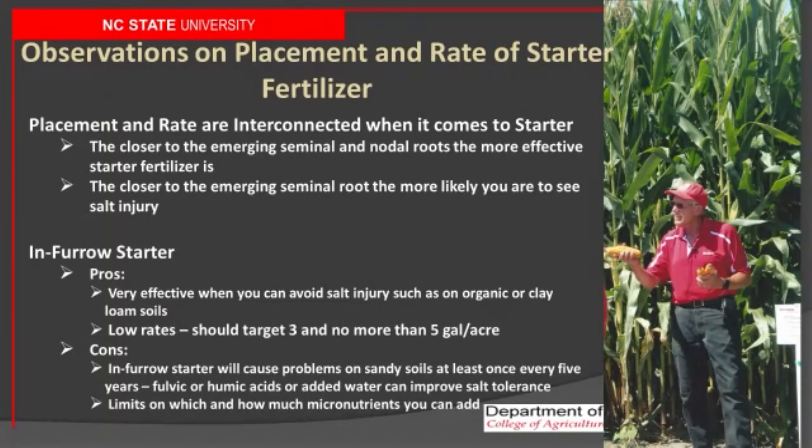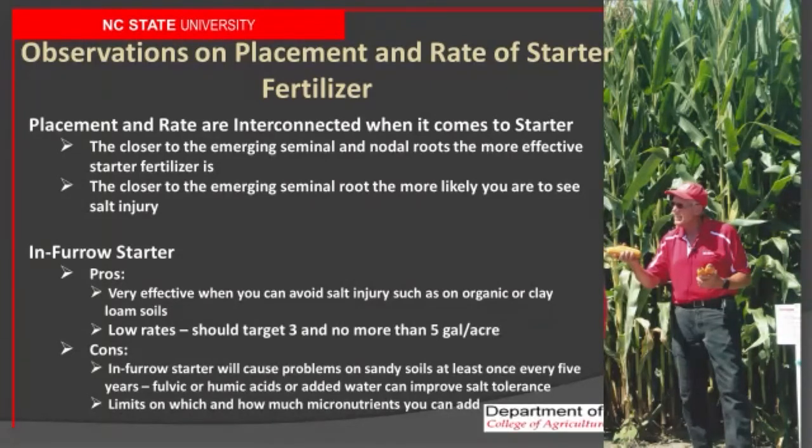So in my opinion, I'm very reluctant to recommend in-furrow on a sandy soil unless there's clear evidence that they're going to use a low rate, or there are some things they might do to get around it. Fulvic or humic acids will buffer the salt effect, so you can add fulvic or humic acids to that starter. Or you can see from that data from 2008, if we added water, we can improve the amount of seed that germinated.